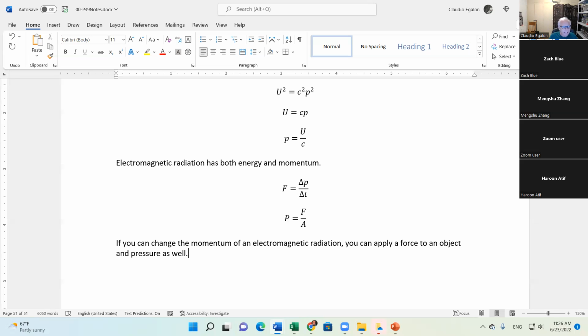Make sense? One practical way to change the momentum of electromagnetic radiation is to use a mirror. Such a simple idea, right?